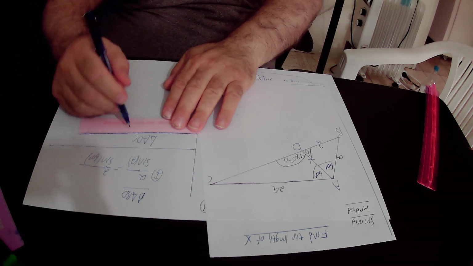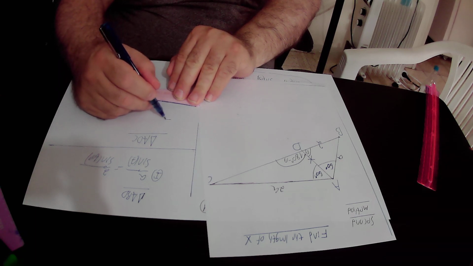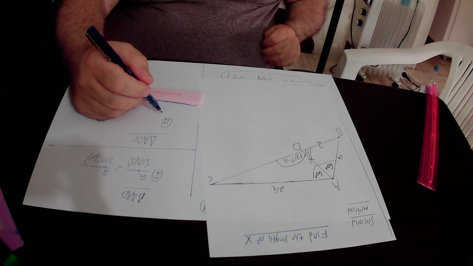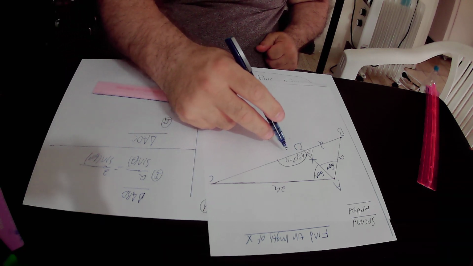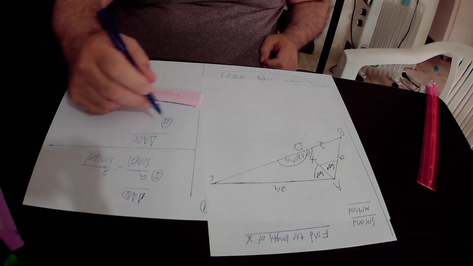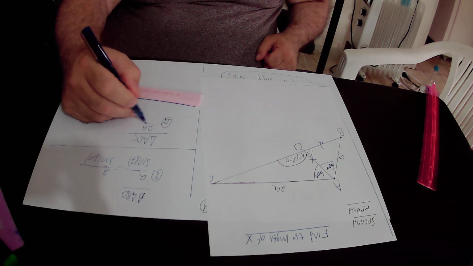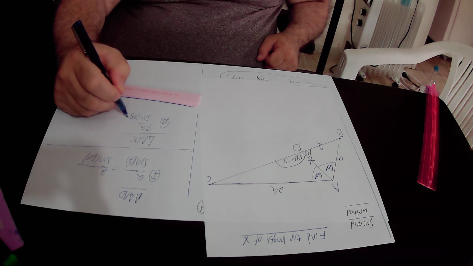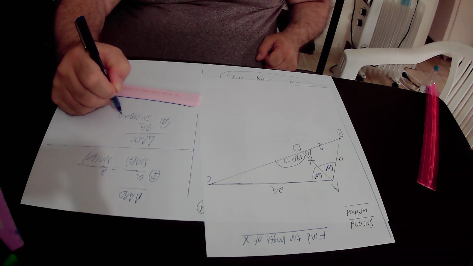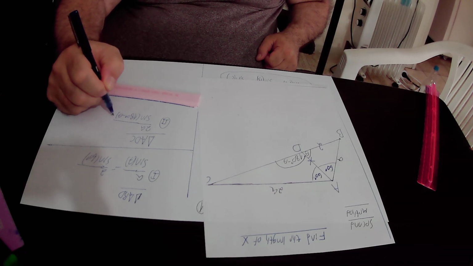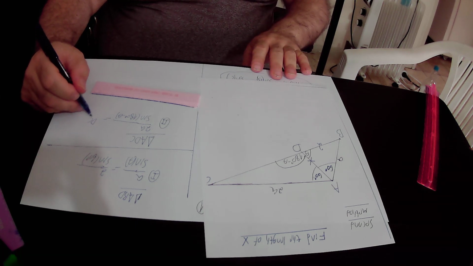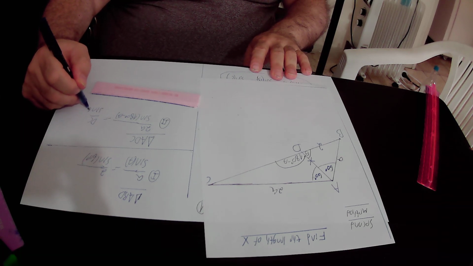So according to the law of sines, in triangle ADC, we will get that 2A over sine of 180 degrees minus theta equals DC over sine 60 degrees.